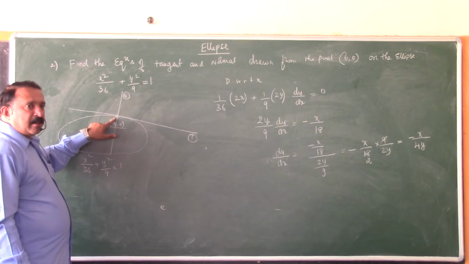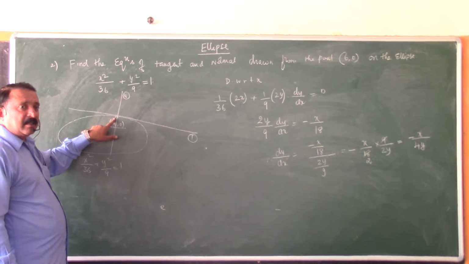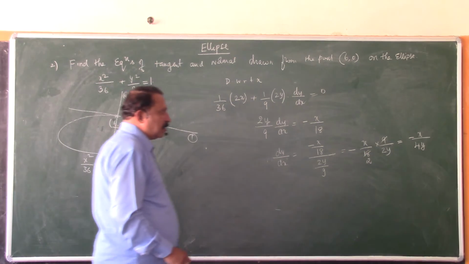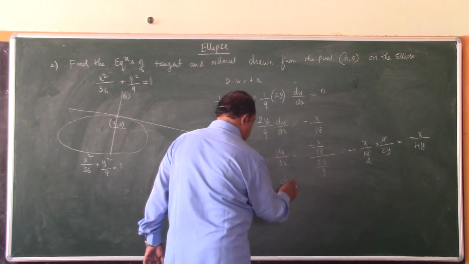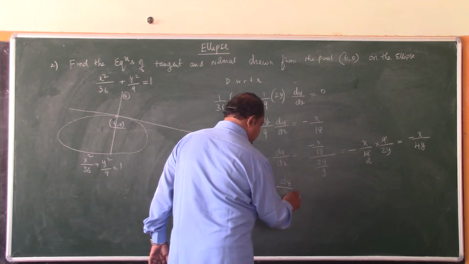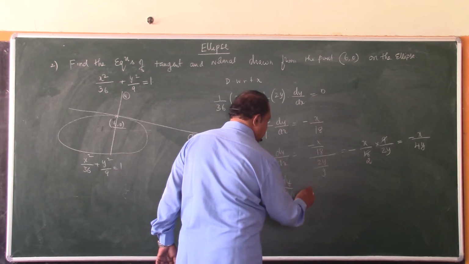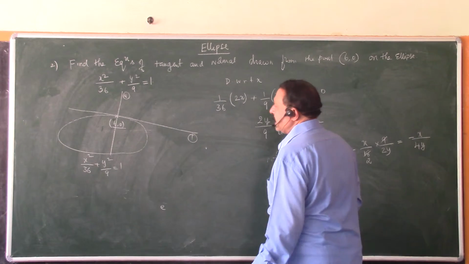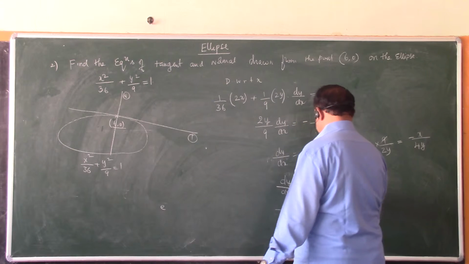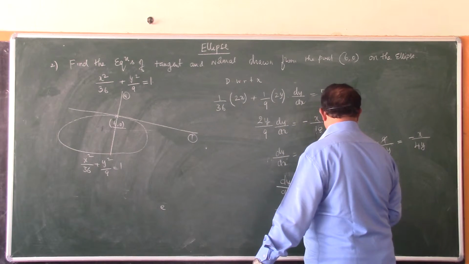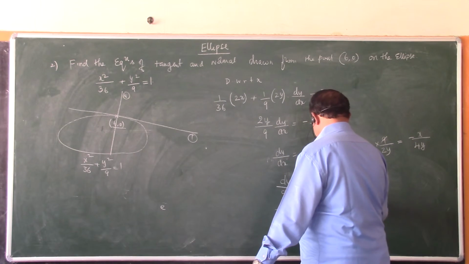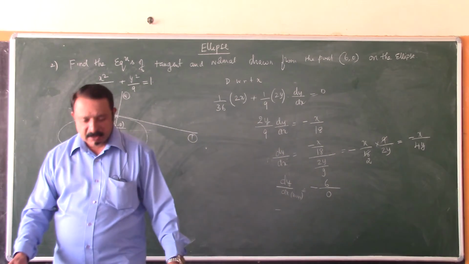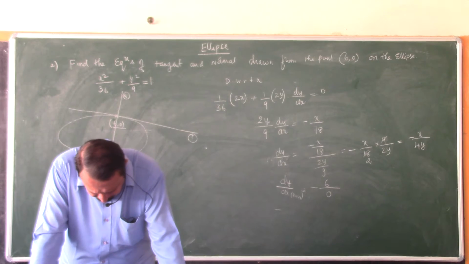But the tangent and normal are drawn through which point? (6, 0). Therefore, how much should I substitute? Dy by dx at (x1, y1), that is at the given point, is minus x, x is how much? 6, divided by y, y is how much? 0. Now what is 6 by 0?